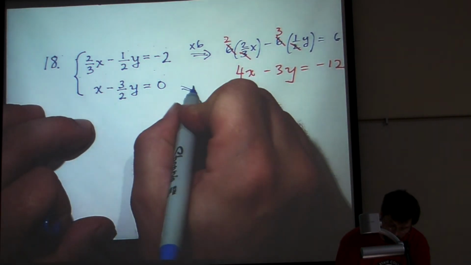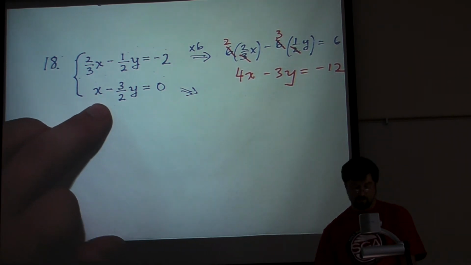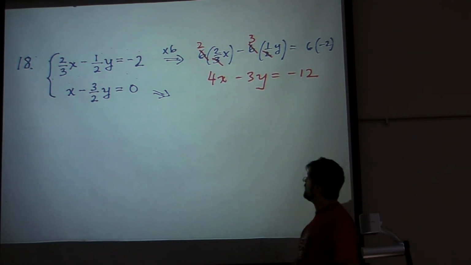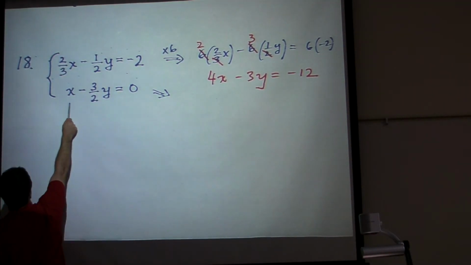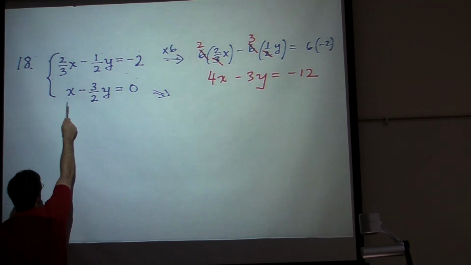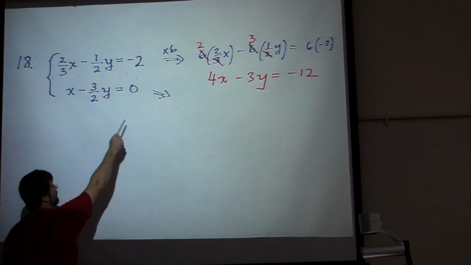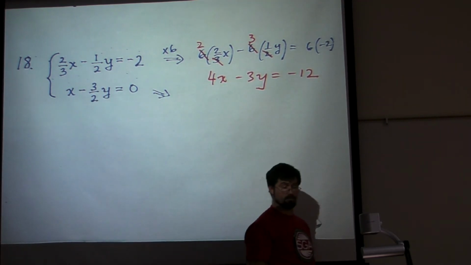The second equation, I'm actually going to look ahead a little bit and save myself a step. Because I know that this is a 4x, and maybe I want this to be, oh actually, when I multiply this by 2, won't this be a negative 3y? And that's a positive 3y, so I could almost make those cancel.